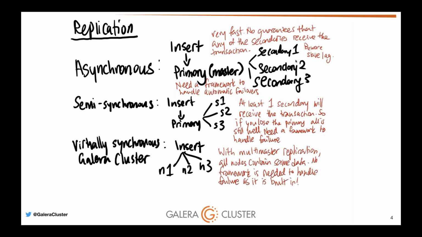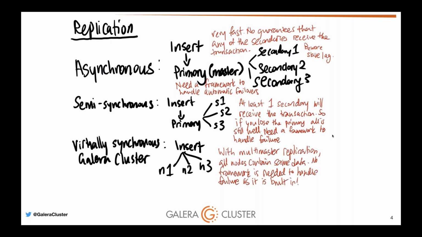There tend to be frameworks for automatic failover, but you have to write some Perl code and Bash scripts, etc. Because automatic failover isn't built into asynchronous replication. And naturally, a secondary may or may not have received said transaction, which of course can be a huge problem for you overall. So that's the asynchronous replication portion of things.